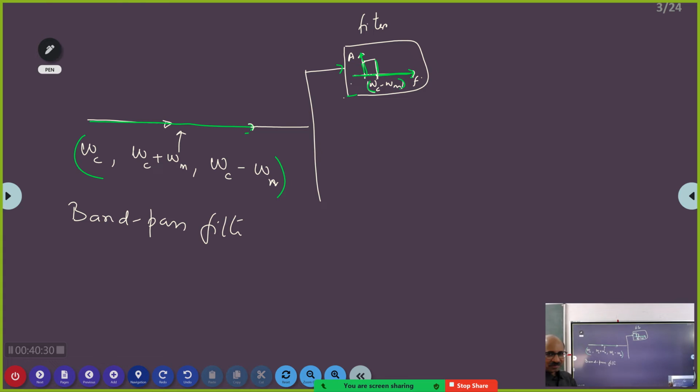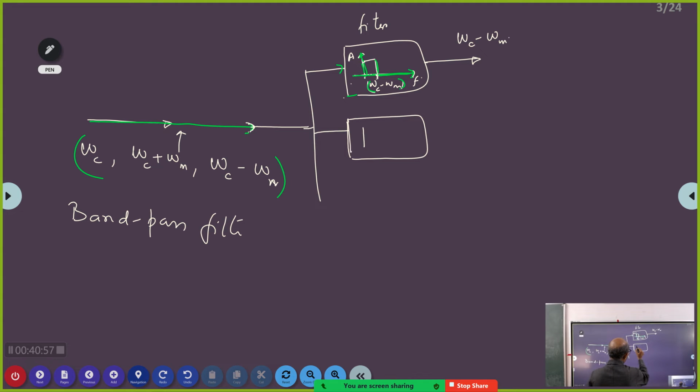Thank you for asking. That's also included. Okay, understood? That means what will be the output of this here? If I am giving this waveform, what will be the output? The only waveform that you will get is omega c minus omega m. Clear?